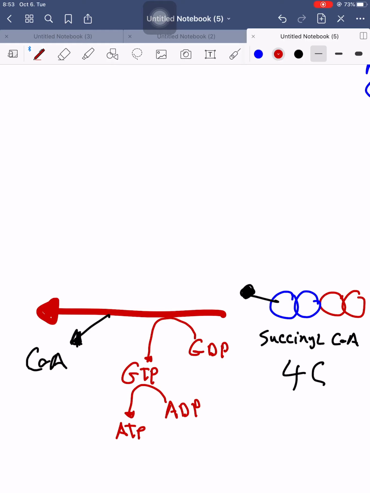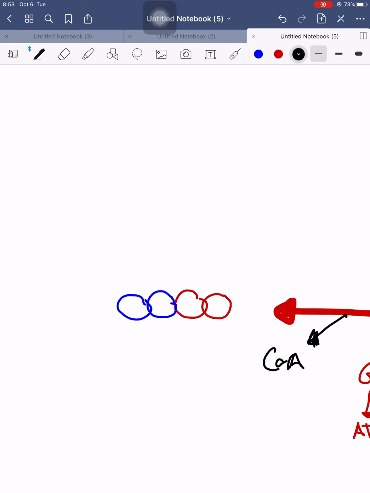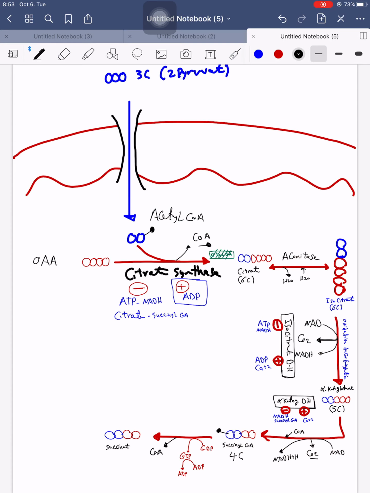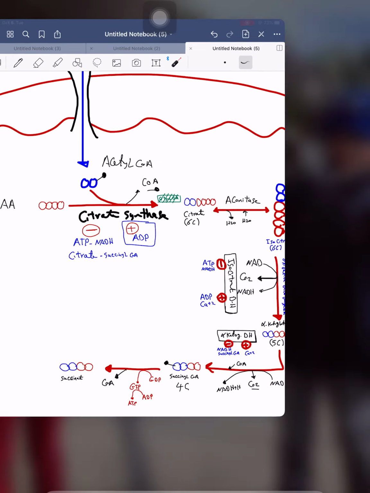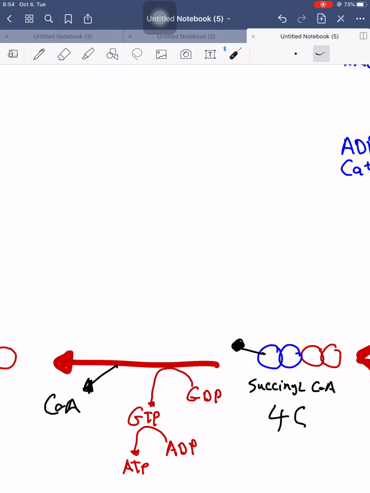Succinyl coenzyme A is converted to succinate with the formation of one GTP and release of coenzyme A, as you remember. The enzyme responsible for that step is called succinyl coenzyme A synthetase or thiokinase.